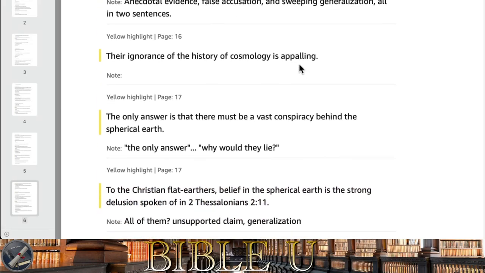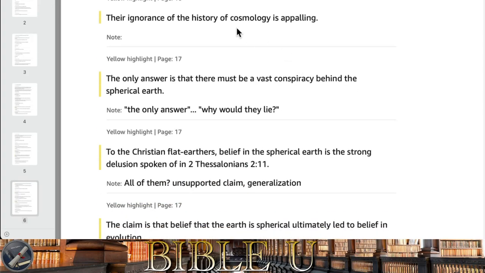But then he says their ignorance of the history of cosmology is appalling. I don't think he knows who he's talking to when he says they. He is talking about flat earthers, not naming them, and saying that they're all ignorant of cosmology. Again, by cherry-picking only Western cosmology, he thinks he's making a valid argument against flat earthers.